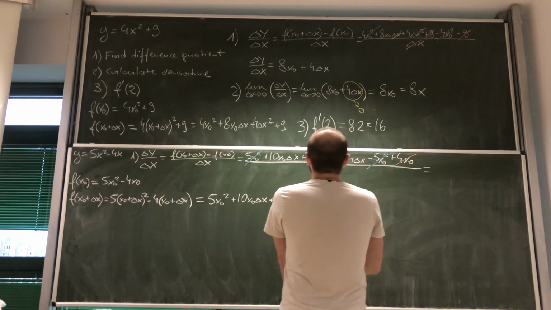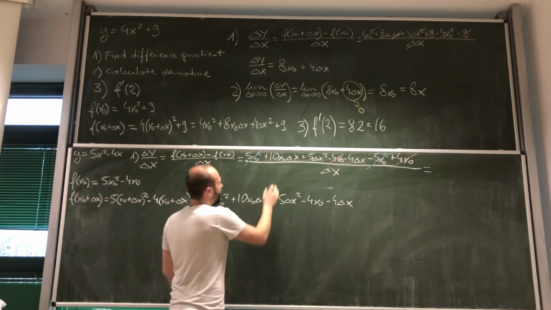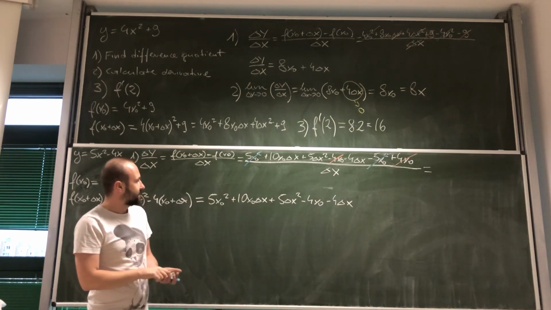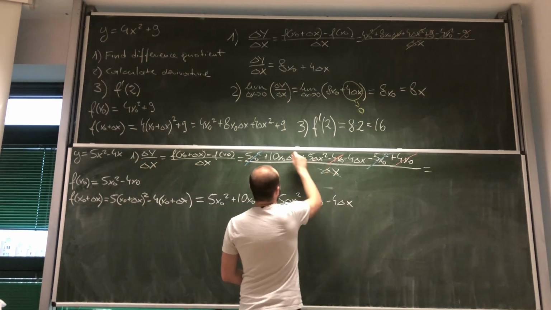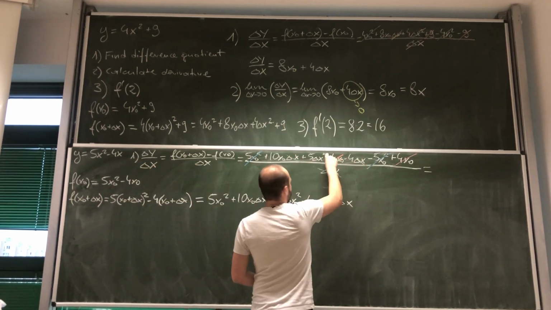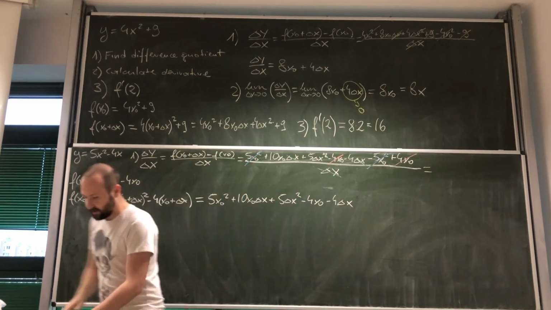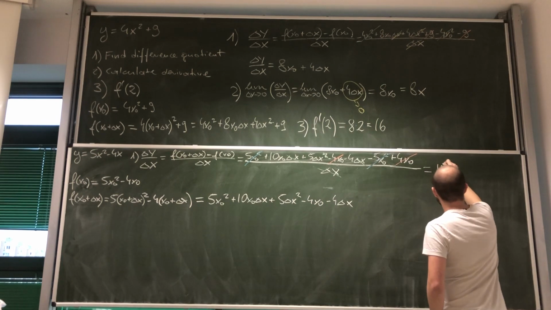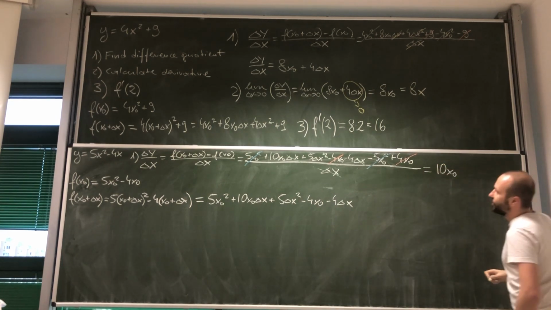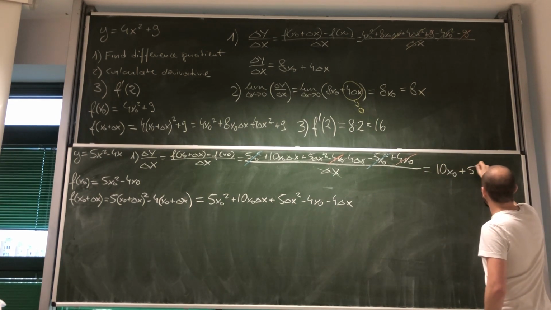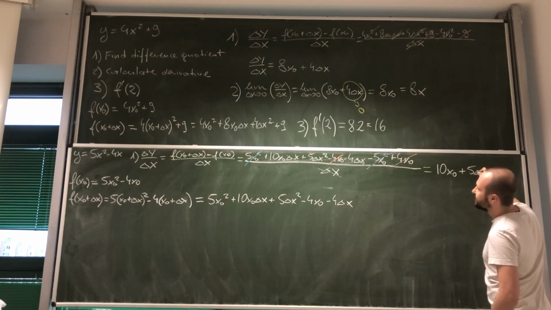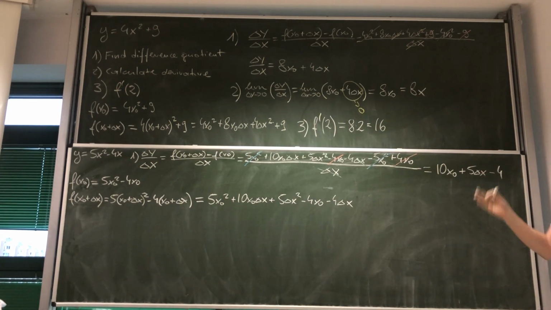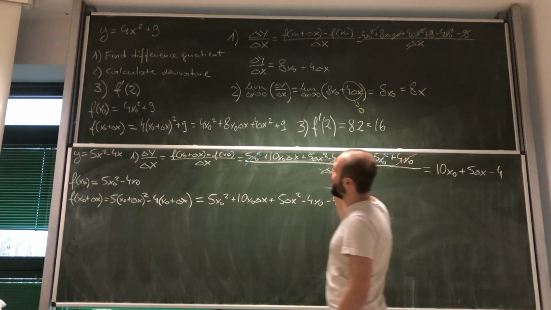Then, again, we can see that all the remaining expressions contain delta x, so we can cancel those. And as a result, we obtain 10x0 plus 5 delta x minus 4. Okay, so point 1 done, we found the difference quotient.